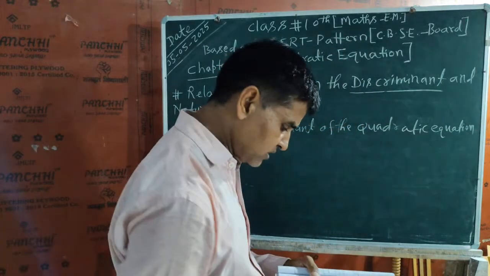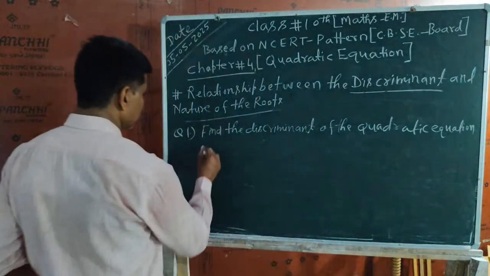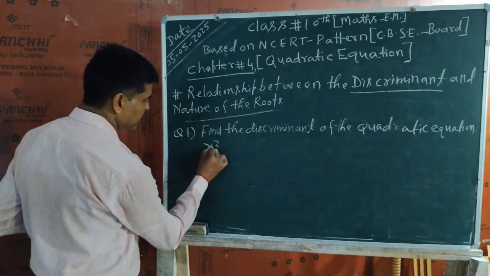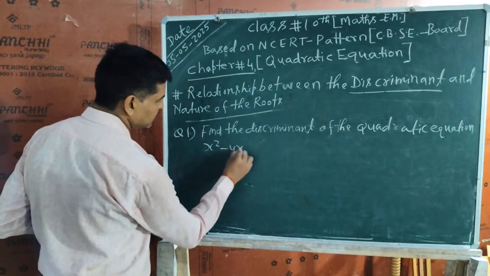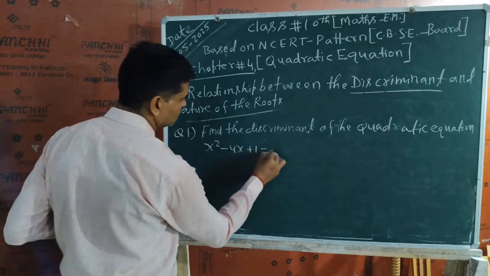That quadratic equation is written like this: x square minus 4x plus 1 is equal to 0.